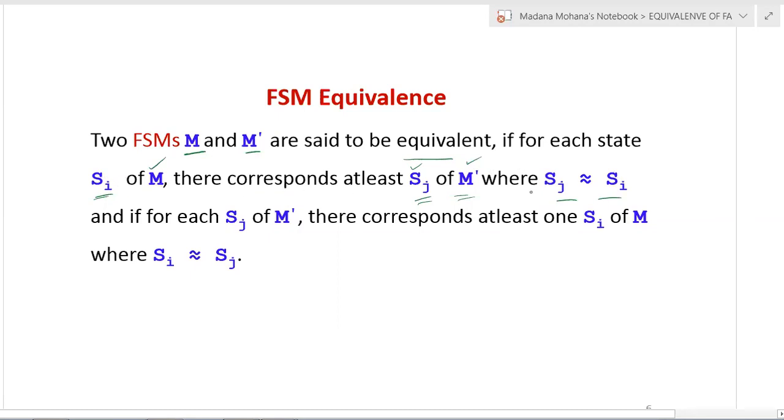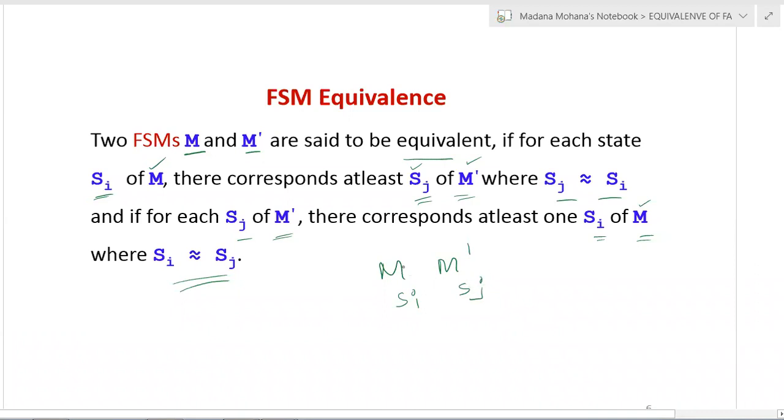Alternatively, for each Sj of M dash, the second machine, there corresponds at least one Si of M, where Si is the state of the first machine M. In this case, we say Si is equivalent to Sj. Here you can see the order. We have machine M and machine M dash, where Si is the state of M and Sj is the state of M dash.